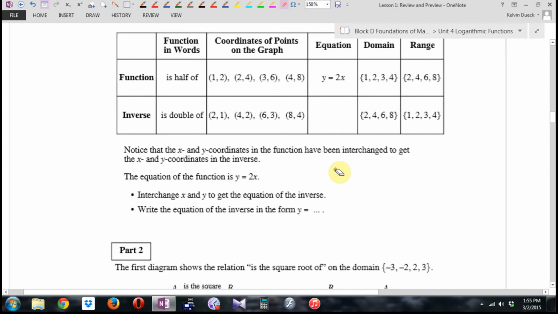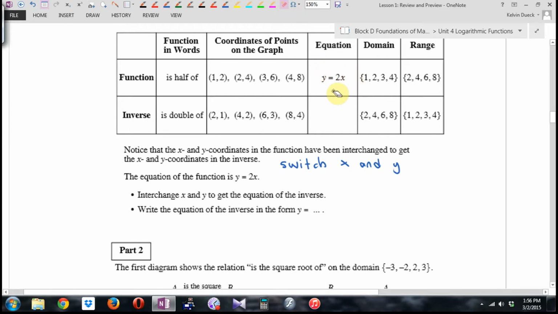Well, it turns out to find an inverse, we switch the x and y around, which sounds very strange, but here is how you find an inverse equation.